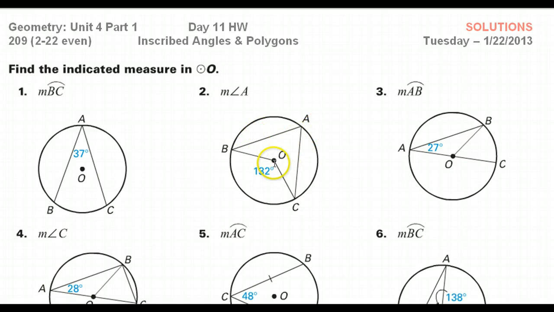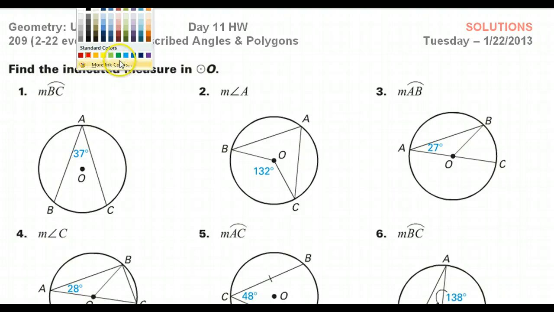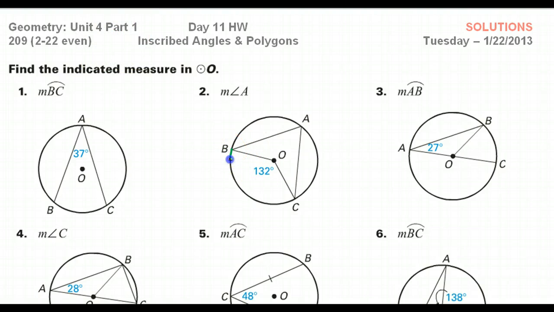So problem number 2 then, if I want to find the measure of angle A, technically it's going to be a two-step process. First, I will find the measure of arc BC, which goes like this. Well, this angle is at the center. That means the arc should be the same as the angle.